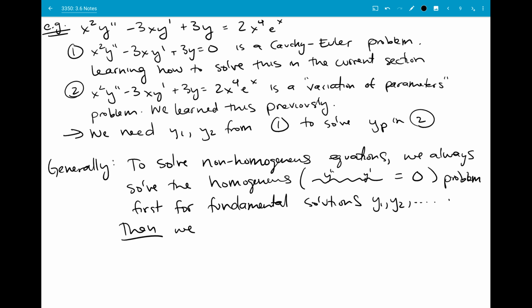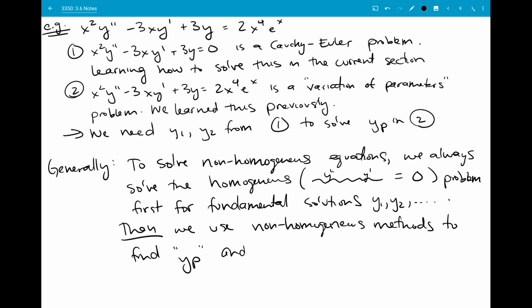Then we can actually use the methods that we learned in the last couple sections to find y sub p, that one particular solution.